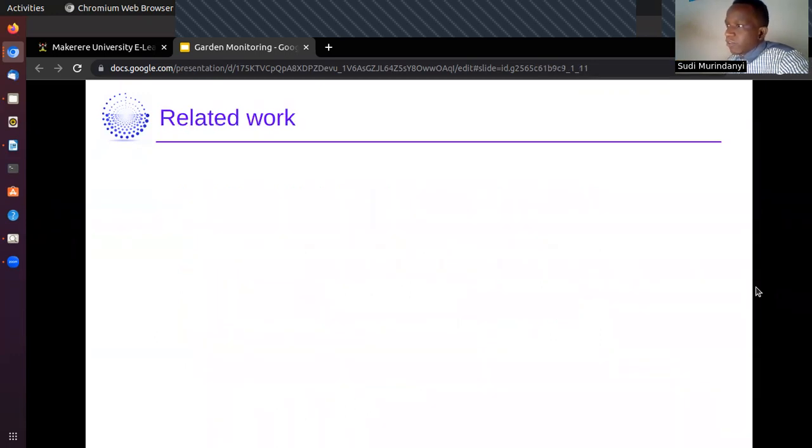Some of the related work from what I've been reading: previous studies tend to focus mostly on disease detection. One of the papers I've recently read is about cassava, a cassava mosaic disease detector.